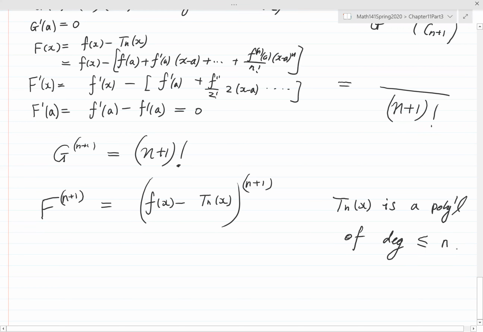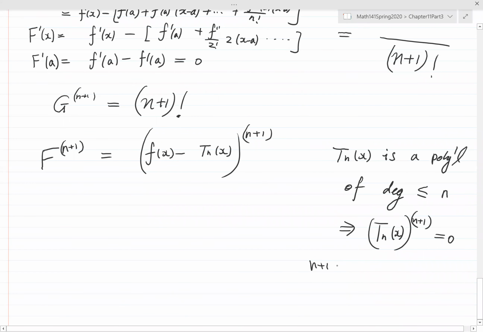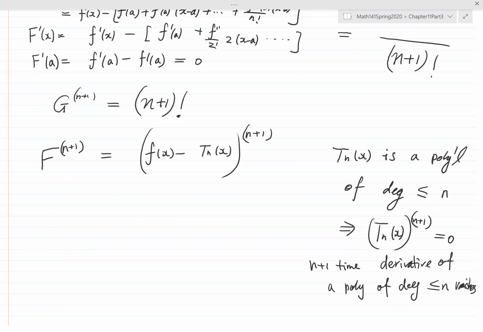If you take a degree n polynomial and take an n plus 1 derivative, by the power rule it becomes zero. So if you take the n plus 1 derivative of Tn, differentiating n plus 1 times a polynomial of degree at most n, you get zero.